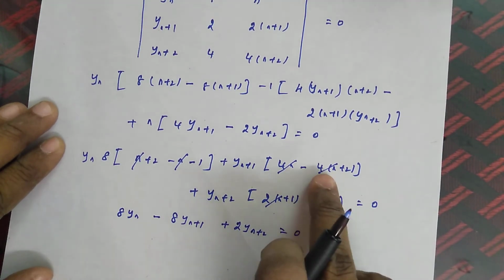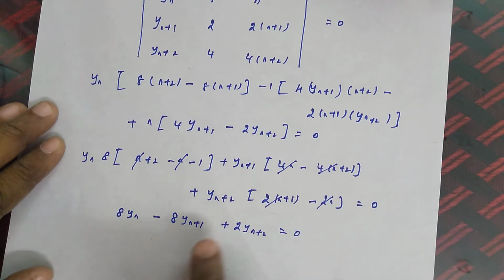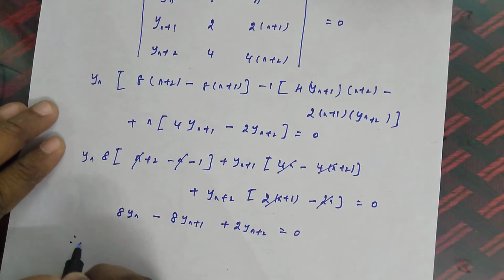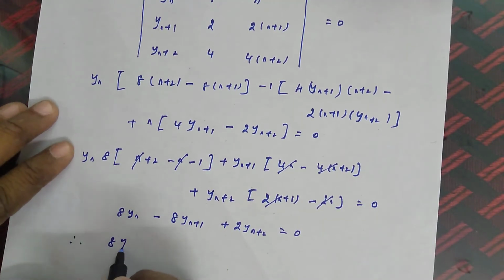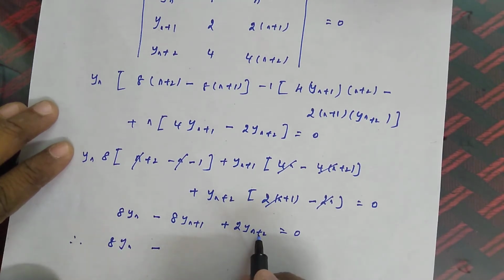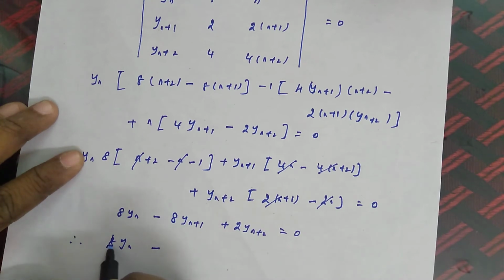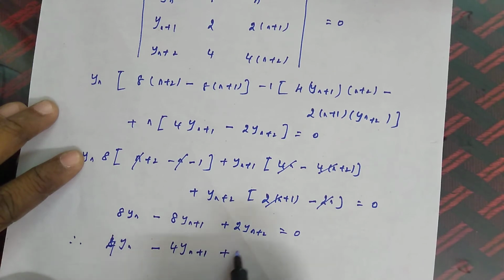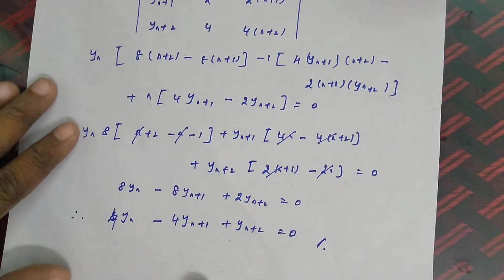Here it is minus 4 into 2, so that's why here it is 8. Therefore the required difference equation is 8yn minus 8yn plus 1 plus 2yn plus 2 equal to 0. We can divide the whole equation by 2 so that we get 4yn minus 4yn plus 1 plus yn plus 2 equal to 0. This is the answer for this question.